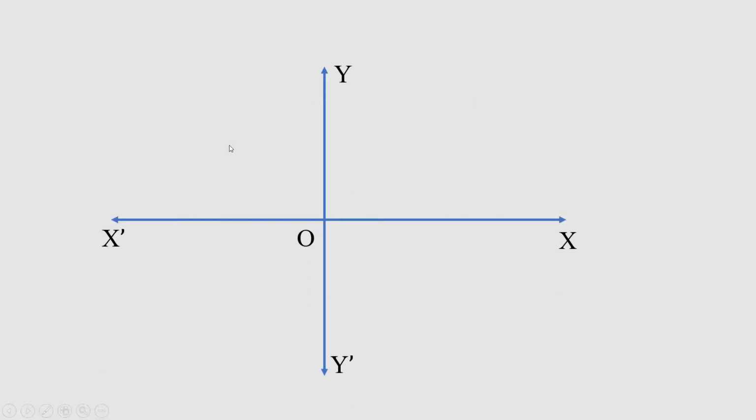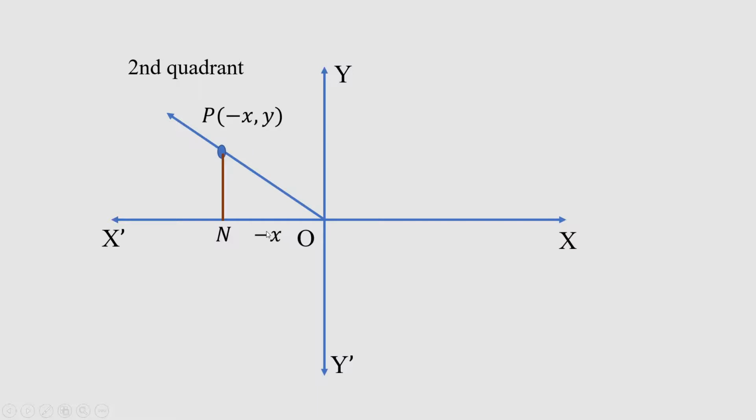Now in the second quadrant, we take a ray and take any point on it, P of minus x, y, and draw a perpendicular PN to OX. Therefore ON is equal to minus x, and PN is equal to y. Here r and y are positive, but x is negative. So hypotenuse and perpendicular are positive, but base is negative.